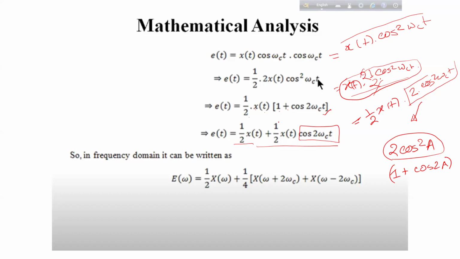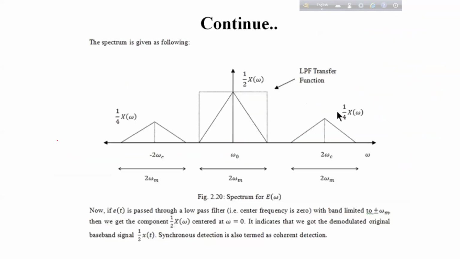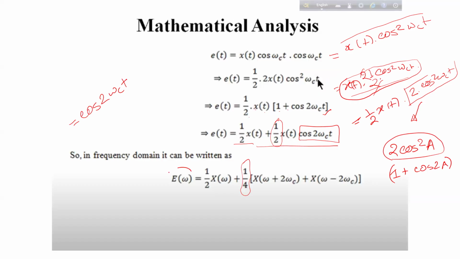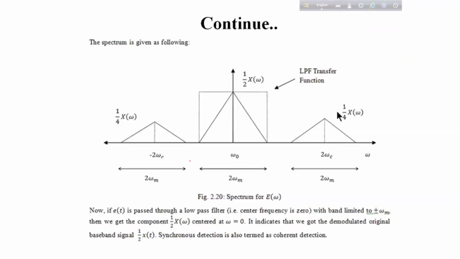Okay, so this half is multiplied, so it becomes 1 by 4. We are just applying the Fourier transform of cos 2 omega ct. Now the spectrum, if you draw this E omega, then you will get this.